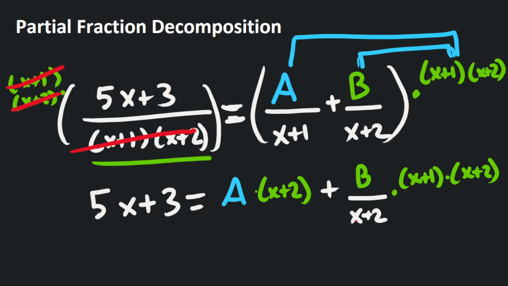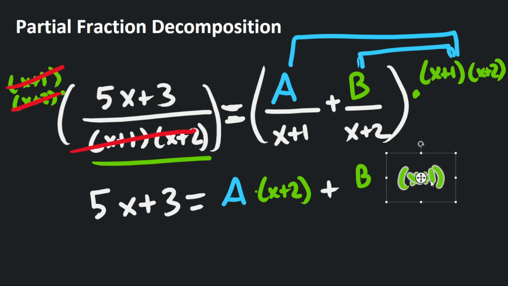This time the x + 2 in the denominator cancels out with the one in the numerator, and we are just left with b times (x + 1). So we'll go ahead and keep that, b times (x + 1). Great. So now we're at this stage: 5x + 3 equals a times (x + 2) plus b times (x + 1).